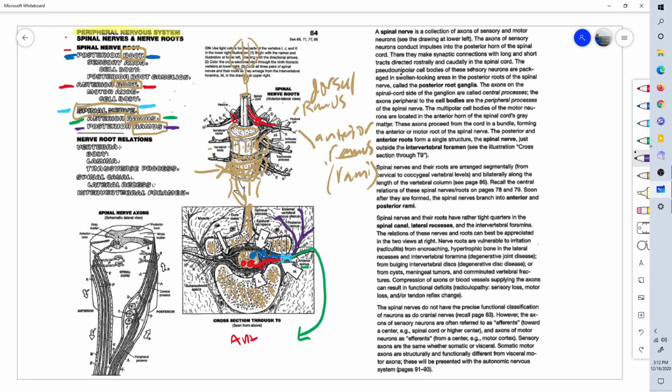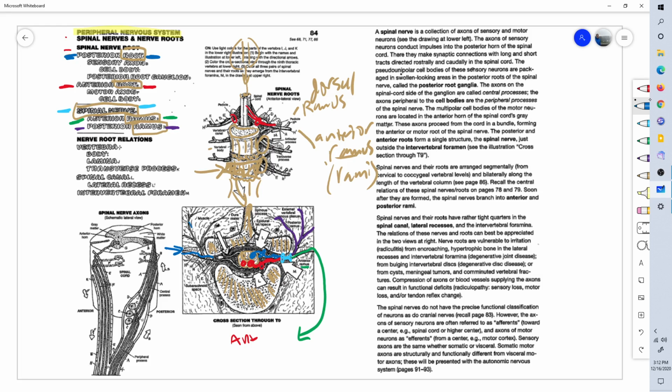So let's go through this again on the other side. Information, sensory information might come in from this direction here. It'll come in through an afferent sensory neuron. It'll come through the spinal nerve here.